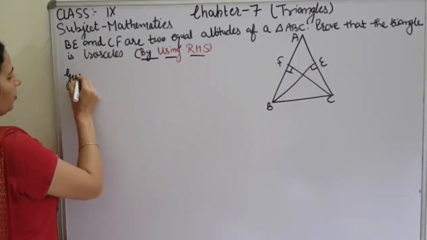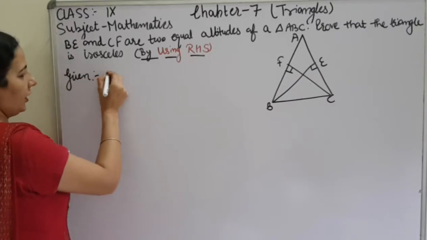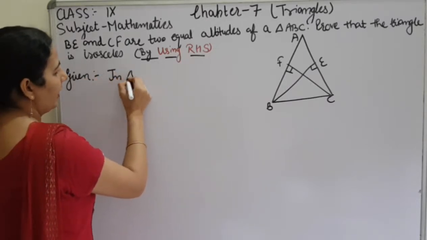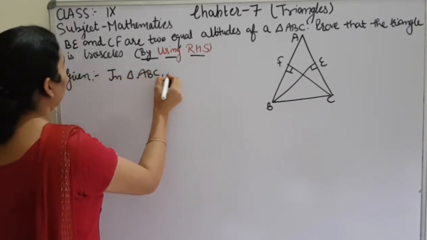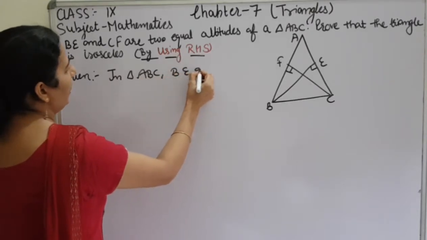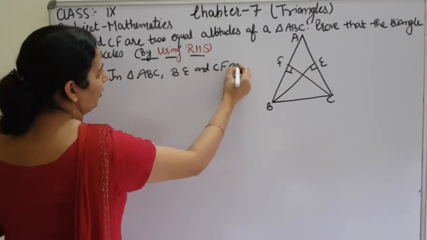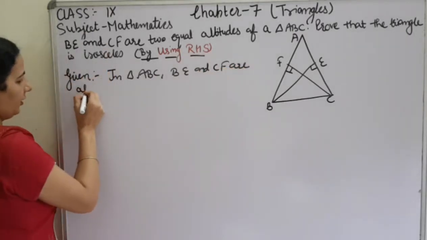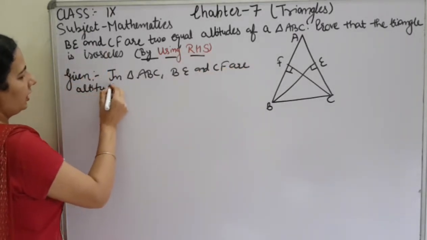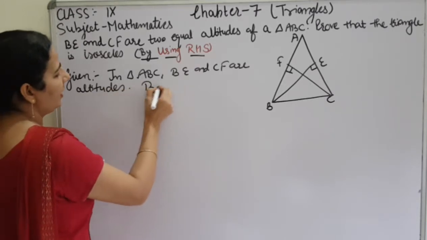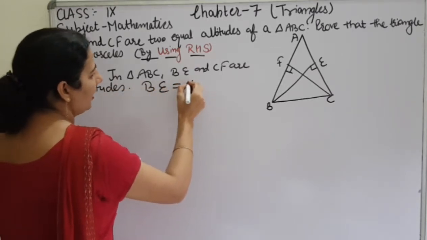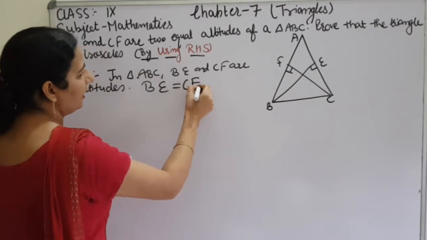So we are going to write the given. What is given in the question? In triangle ABC, BE and CF are altitudes. And one more thing they have provided to us, that these altitudes are equal in length.